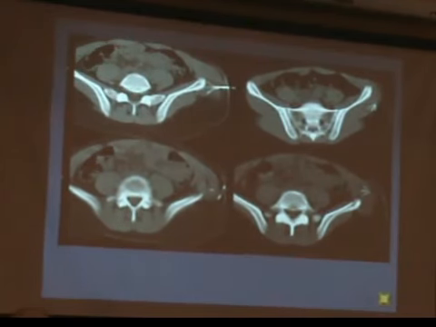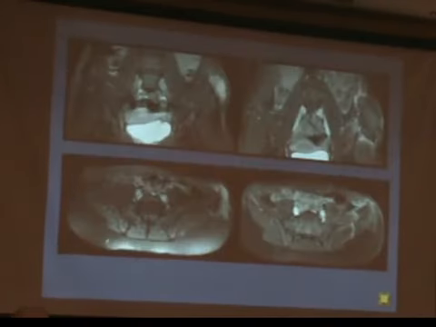Some cellular lesions are likely to enhance as opposed to some acellular ones that may not enhance. And this is the RFA needle in several different locations within this mass.